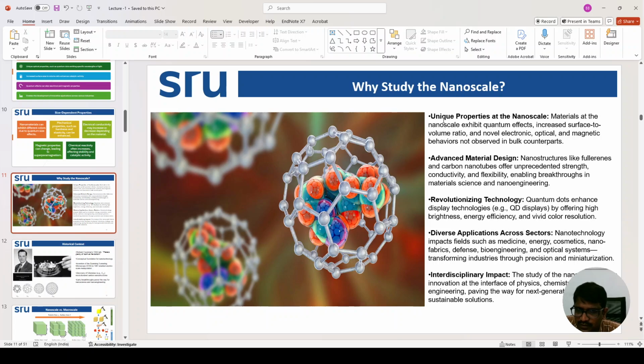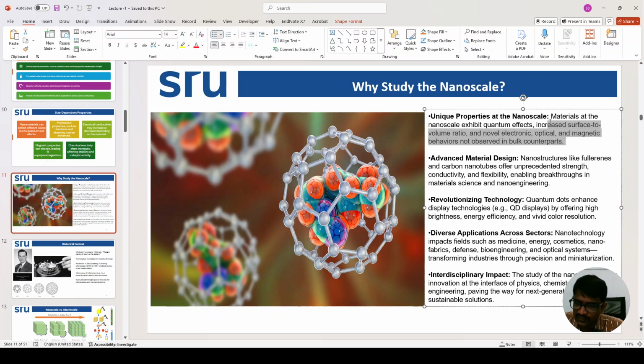So why do we need to study the nanoscale? See this one: unique properties at nanoscale. We already discussed that materials at nanoscale exhibit quantum effects and increased surface to volume ratio. Also, nanoscale provides novel electronic, optical, and magnetic behaviors not observed in bulk counterparts.